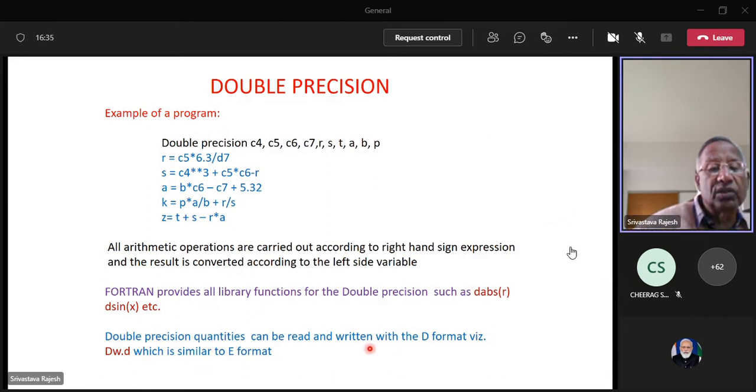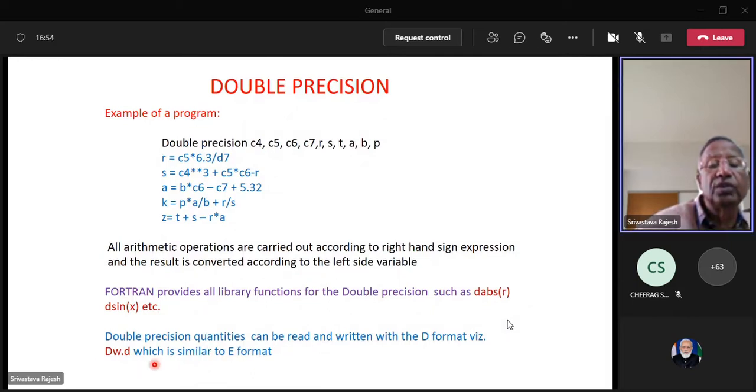Now data also, double precision quantities can be read and written using D format. D format is exactly like E format. So there is no provision of writing F format here, and I format is not there.